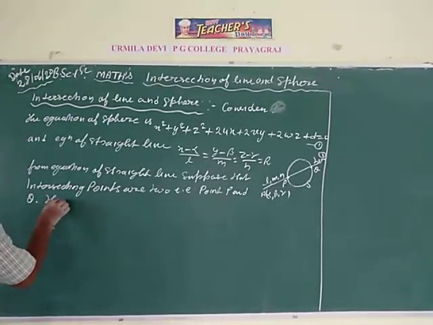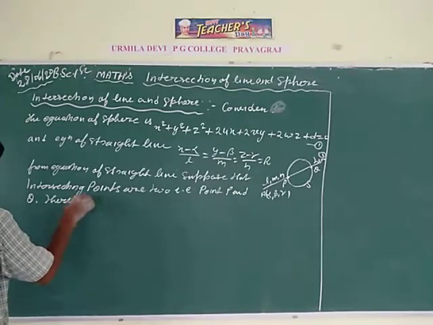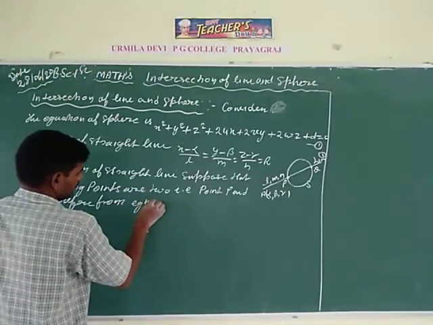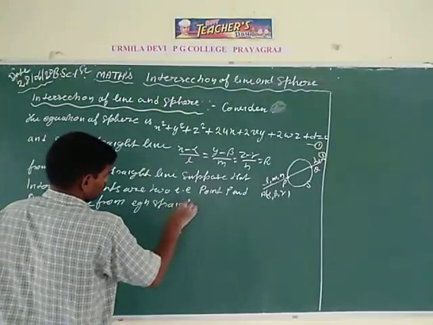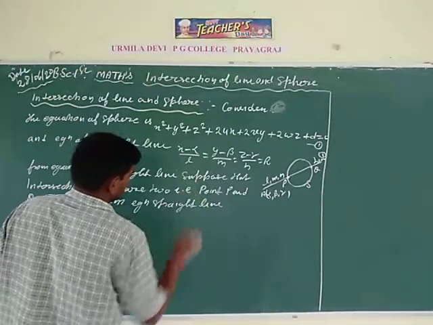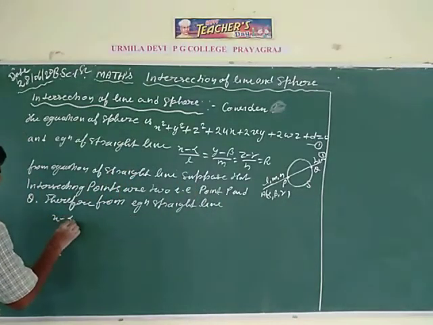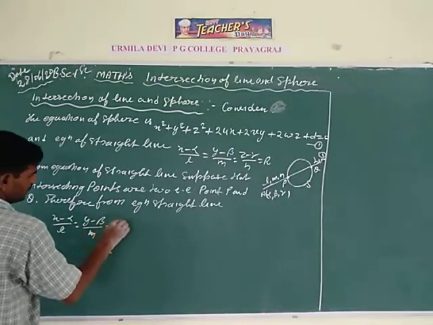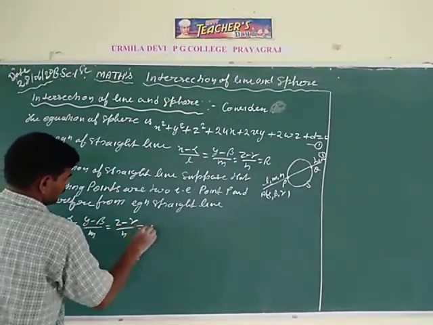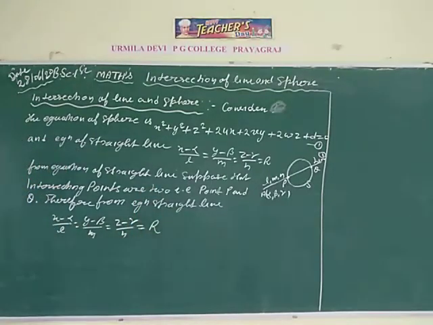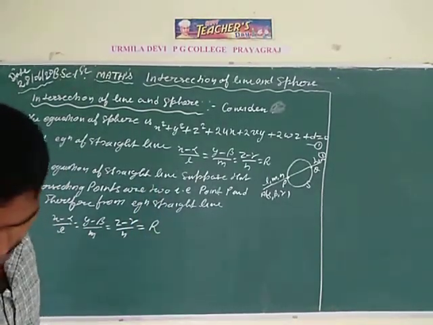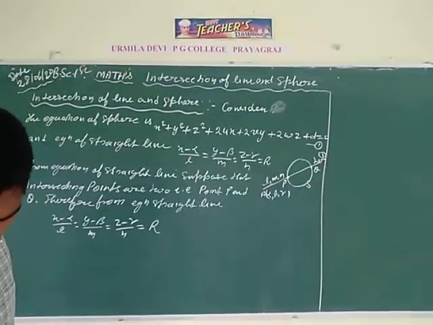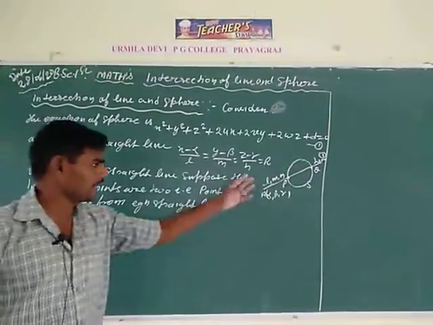Therefore, from the equation of the straight line, x minus alpha by l, y minus beta by m, and z minus gamma by n, taken equal to an unknown capital R. From the figure it is clear that the value of capital R is the distance between point capital A and the intersecting point.